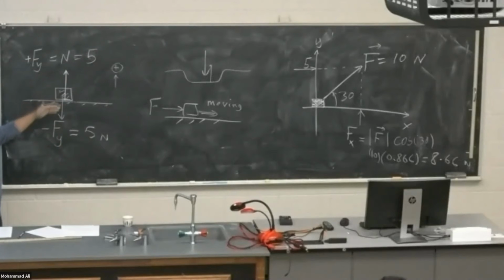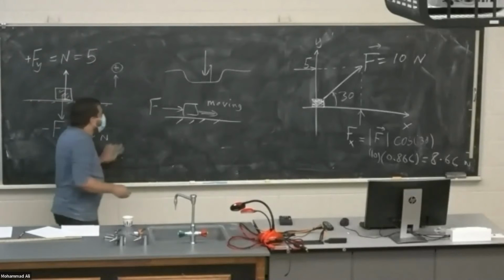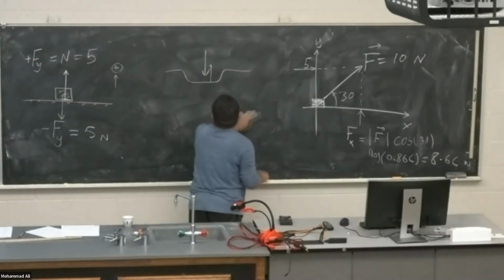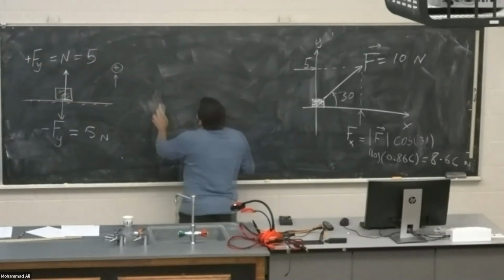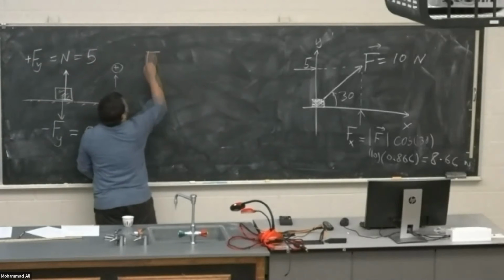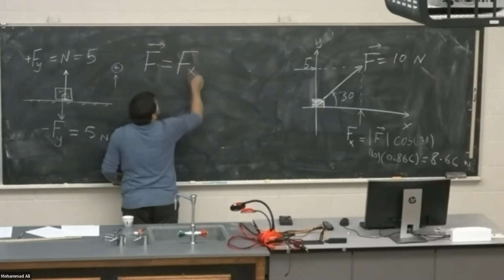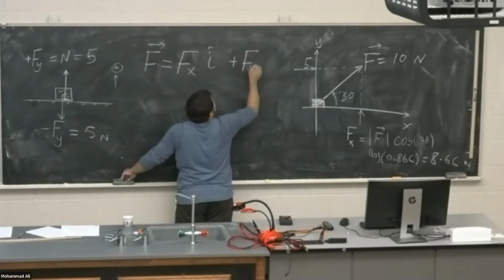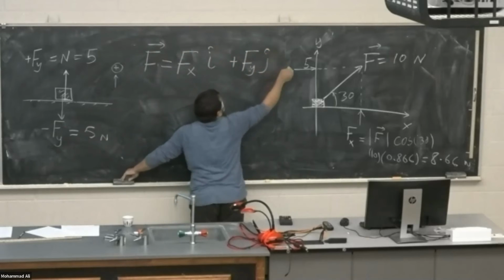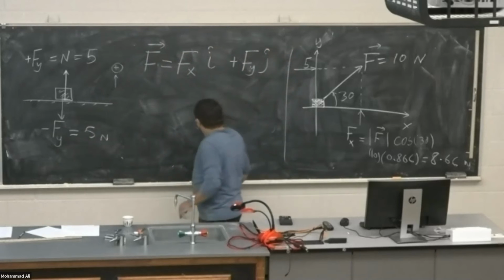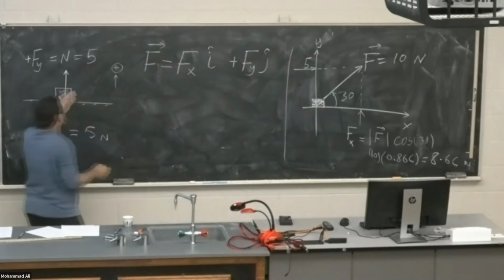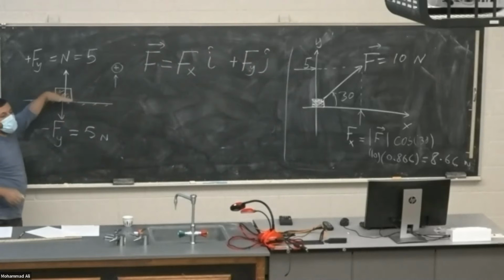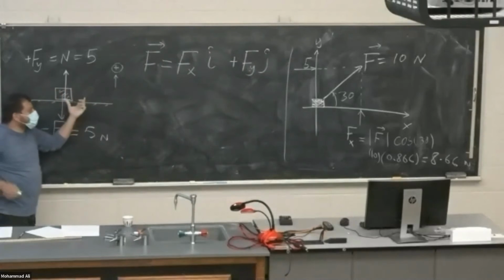If the forces are the same, now I need to start understanding my system. I have the force as a vector equal to Fx in the i direction plus Fy in the j direction. It is simple, we know that. How much is Fx? This is X. Do I have any forces in the X direction?